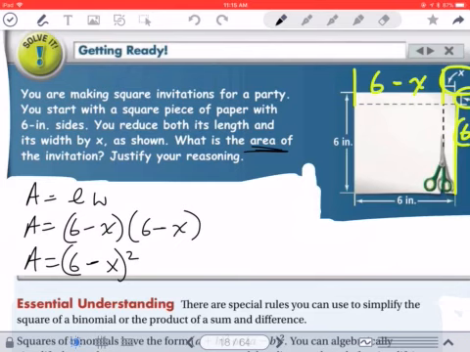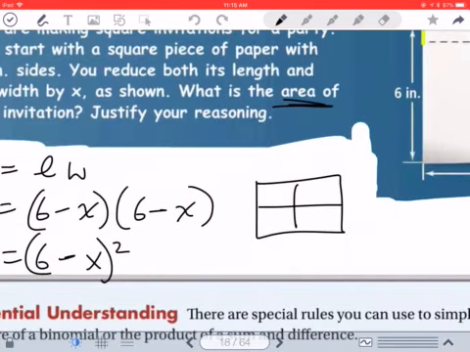And then I would just use what we learned in 8-3. You can actually use 8-3 to solve all the problems here. So 8-4 is kind of like some shortcuts for 8-3 and some helpful things to know when we start factoring later on and working in chapter 9. So I have 6 minus X here and 6 minus X here. Let's distribute that out.